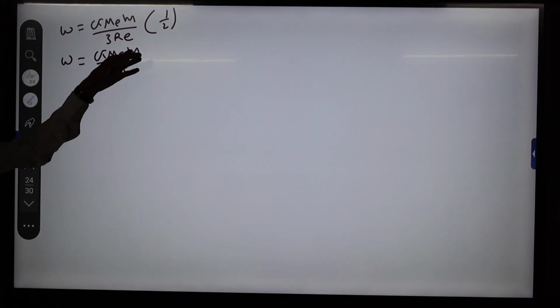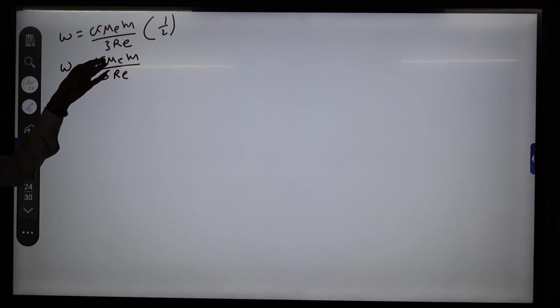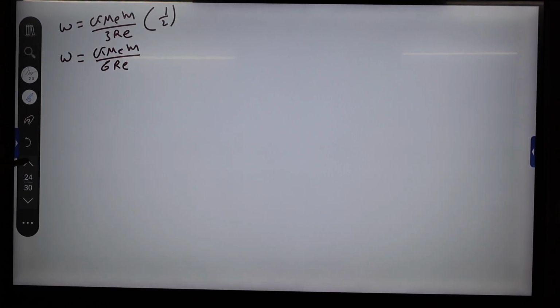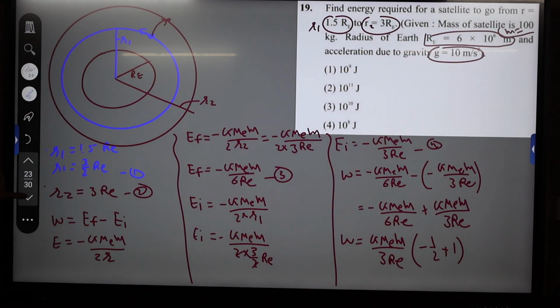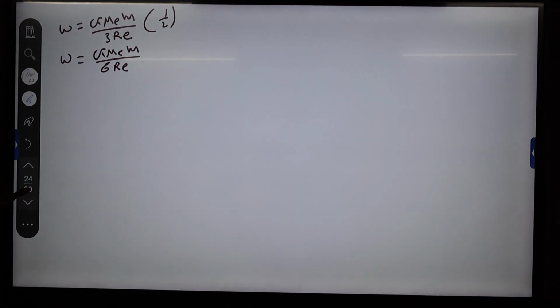We have the mass M, the radius, and the value of g, but not the mass M. So we have to eliminate mass M in terms of g.